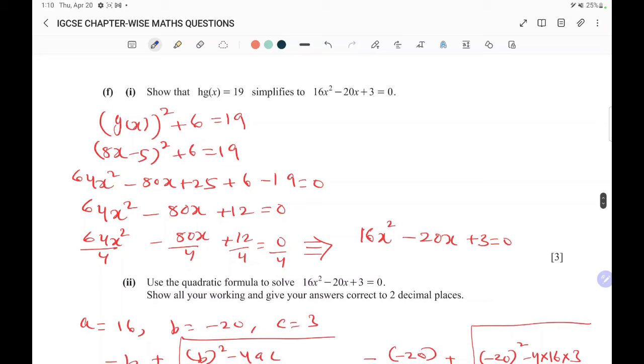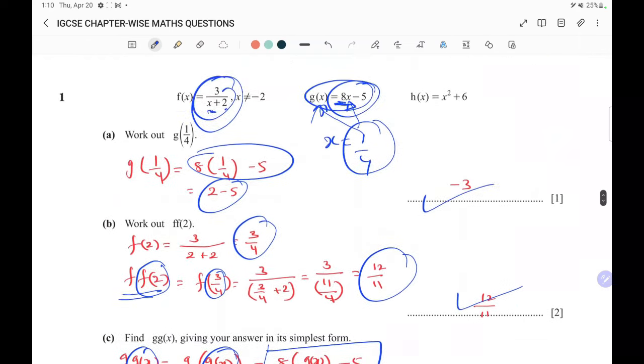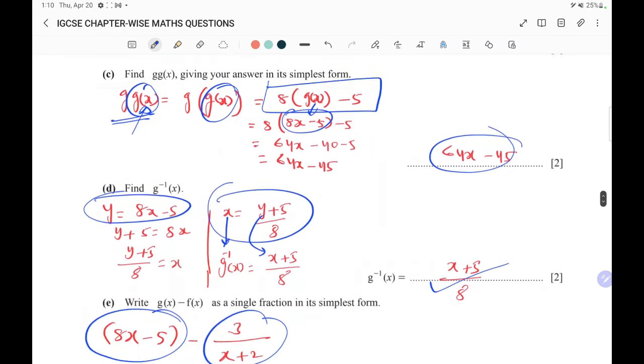Now show that h of gx equals 19 simplifies to this. Okay, no problem. So h of gx, where is hx? Oh, hx is here. So x is gx, so this is gx whole squared plus 6.